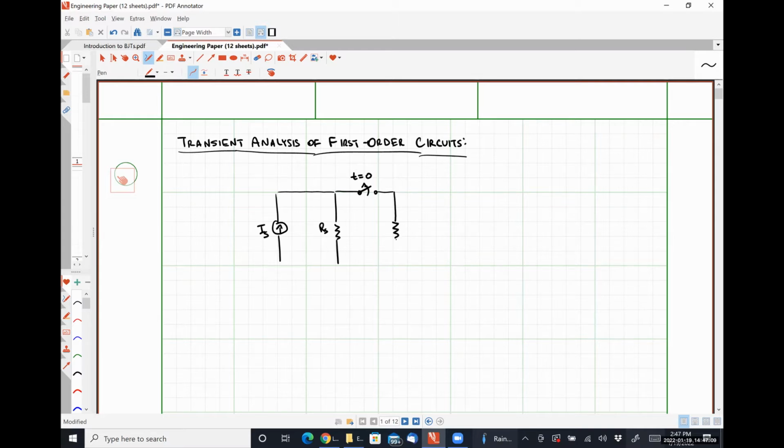And connected to that network containing a practical voltage source, current source, will be a resistor R and an inductor L, like so.